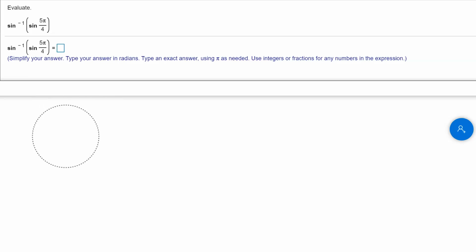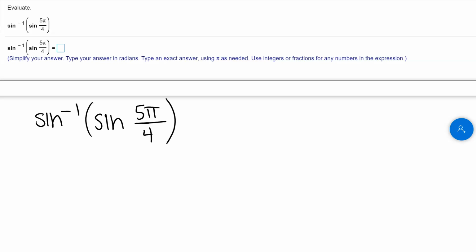All right, this one. I saw quite a few mistakes on this one. Sine inverse. I had many of you cancel those two and tell me that this answer is 5 pi over 4. That's absolutely wrong.